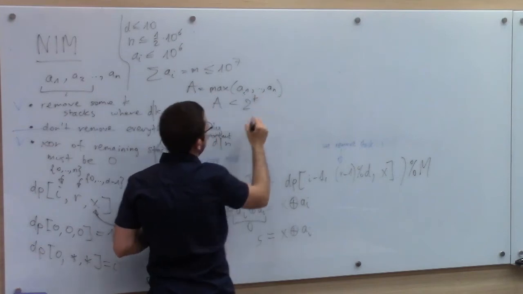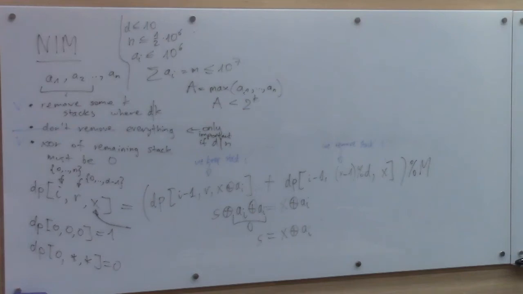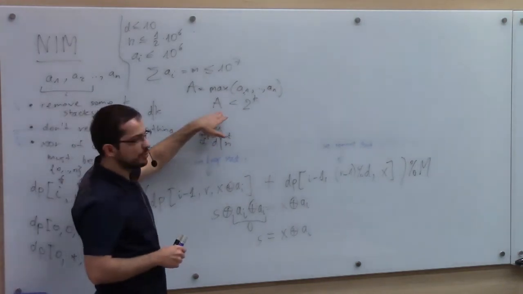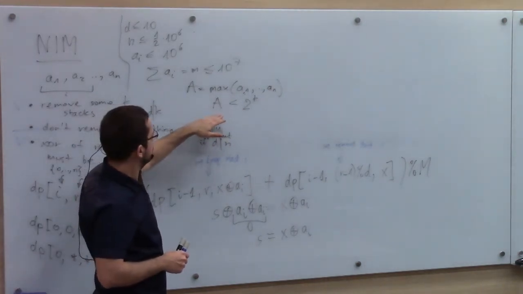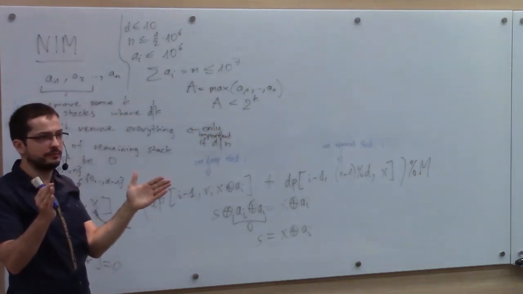Let's say that 2 to the power of k is the smallest power of 2 which is greater than A. Then we know that number A fits into k bits.